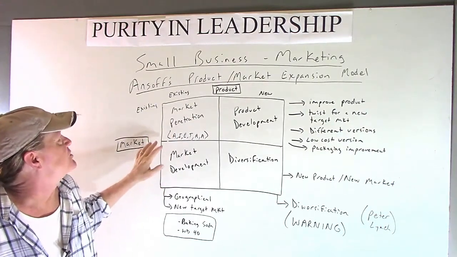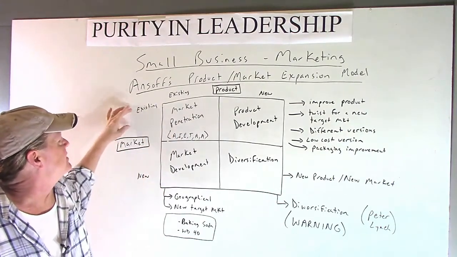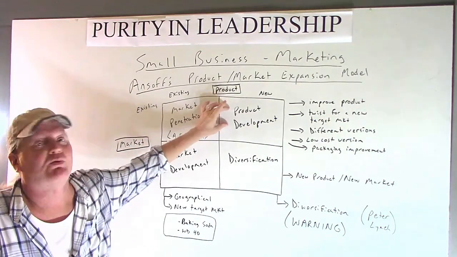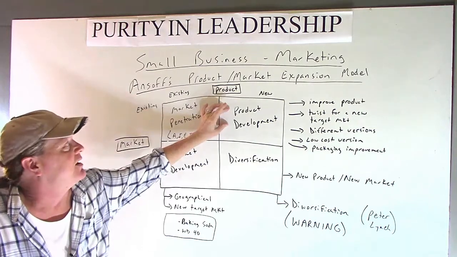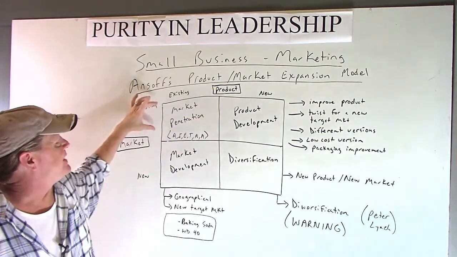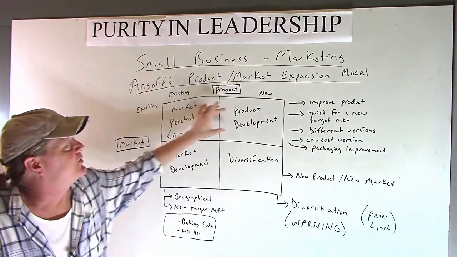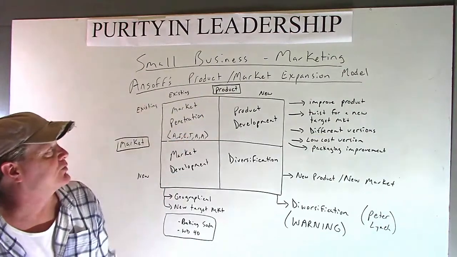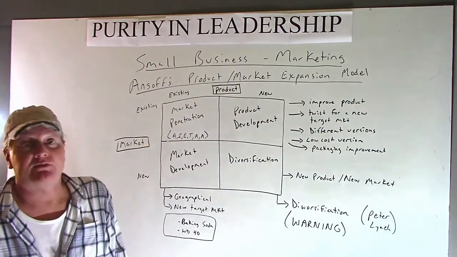Now our next option is existing market and a new product. So we do product development. Now, what are our options there? We're going to try to maintain our existing market with a new product, and we could improve that product somehow. We could have different versions.